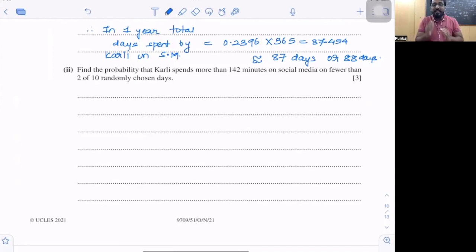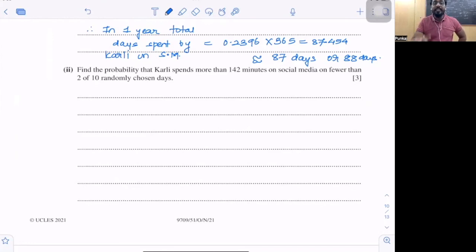So basically, this question belongs to binomial distribution. So there are 10 days, isn't it? So out of 10 days, how many times you need to be successful? Success is what? Spending more than 142 minutes becomes your success, right? If Carla is spending more than 142 minutes, that's a success.